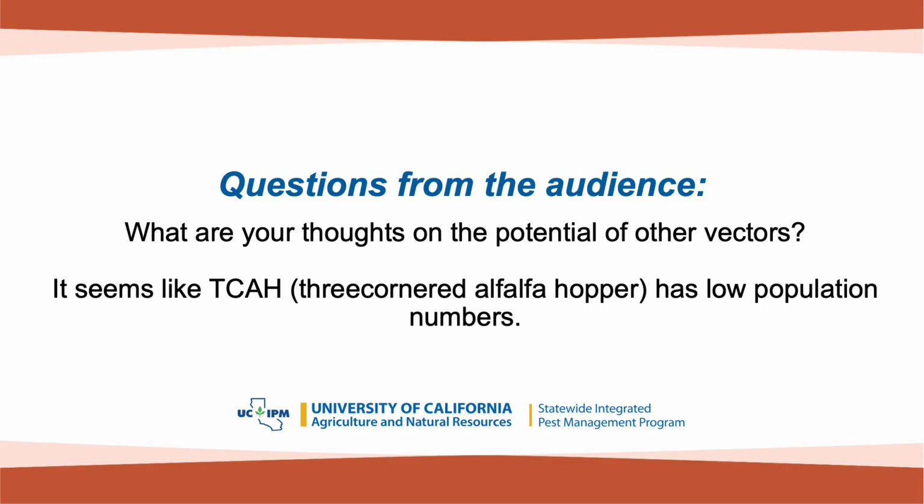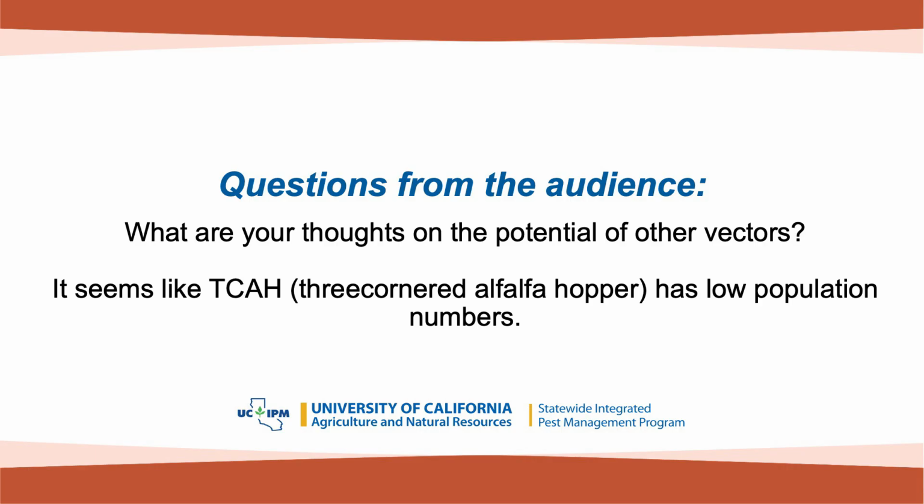So just because you're not seeing the insect doesn't mean that it's not out there in large enough numbers to be moving the disease around. I think this is a similar situation for Pierce's disease, where we don't catch that many blue-green sharpshooters in our traps. We don't see them usually when we're scouting, and yet it's enough to create epidemics of Pierce's disease.